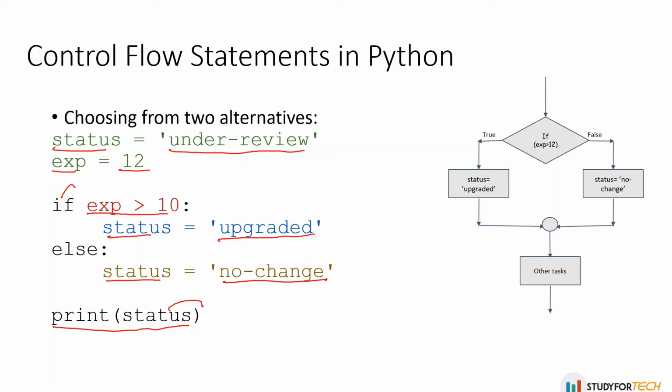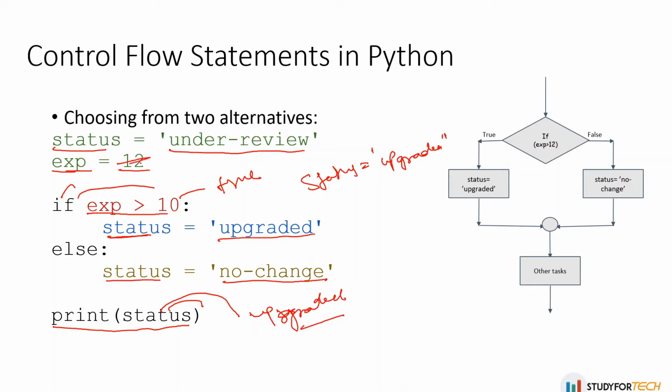So you can see here expression is 12 and the condition evaluated is expression greater than 10. Obviously expression is greater than 10, so it will return true, and since it is true, the status value would be upgraded, and once you print this, it will print upgraded.